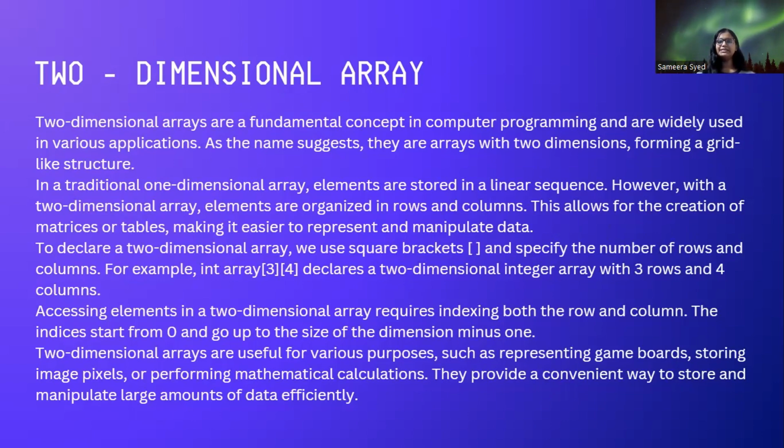The indices start from 0 and go up to the size of the dimension minus 1. Two-dimensional arrays are useful for various purposes, such as representing game boards, storing image pixels, or performing mathematical calculations. They provide a convenient way to store and manipulate large amounts of data efficiently.